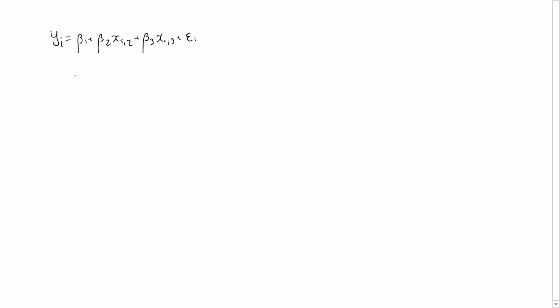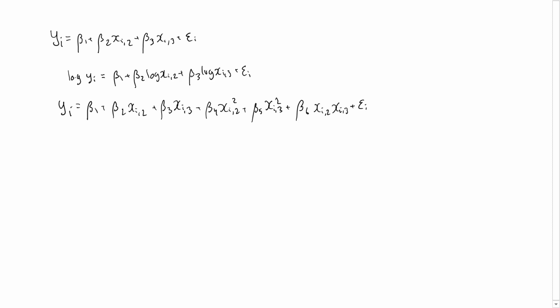I could, for example, consider a log-log model like this, where I have logged my x variables and my y variables, or I could consider a log linear model, or I could even do a model where I add quadratic and interaction terms, such as this one, where I have my linear part here, I have quadratic terms, and I have an interaction term.